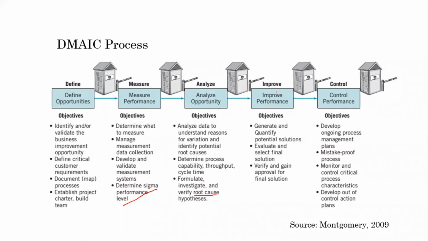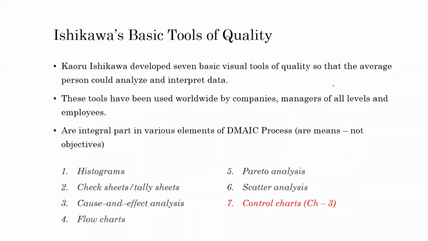Then in the improve phase, you are going to evaluate your proposal for eliminating the root cause. If you eliminate the root causes, we would anticipate that you would improve the performance. Then if you have a positive improvement, you are going to control it. So you are going to institutionalize the improvement as one part of the process. That is the overall DMAIC process.